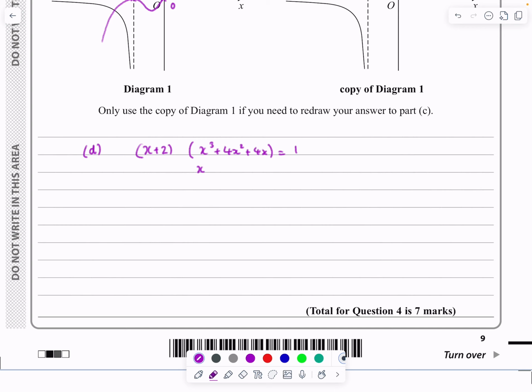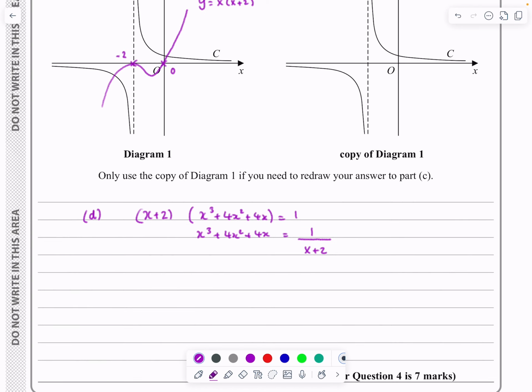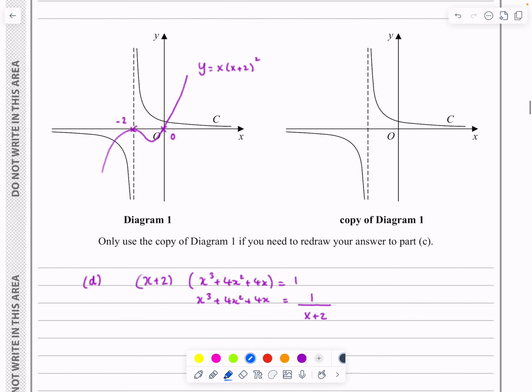Well, that just jumps down then to x cubed plus 4x squared plus 4x equals 1 over x plus 2, which is the two graphs then. So it's where the two graphs meet. So you didn't need to do all that, I'll just explain it to you guys. And where do these two graphs meet? Well, they meet here and here. So there's only two solutions there.